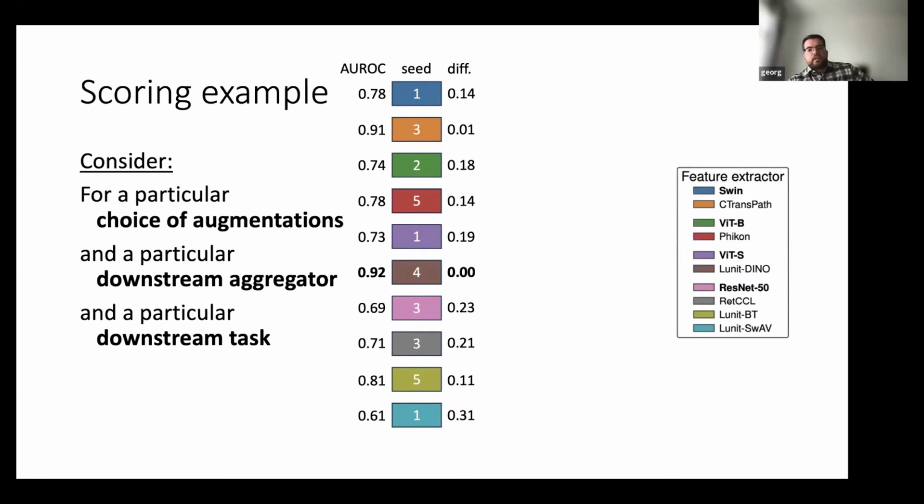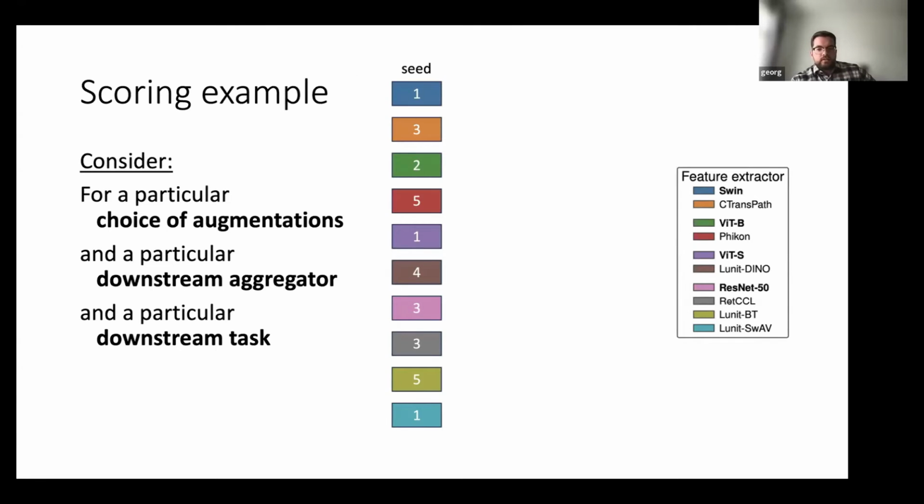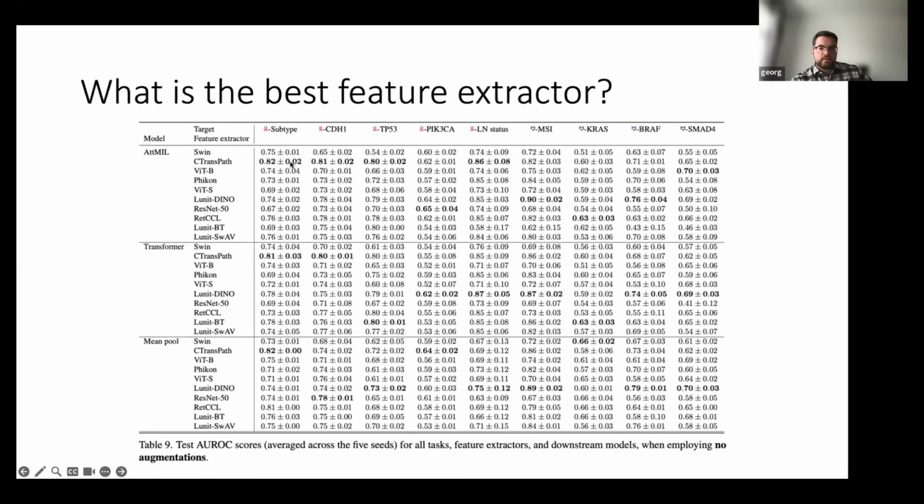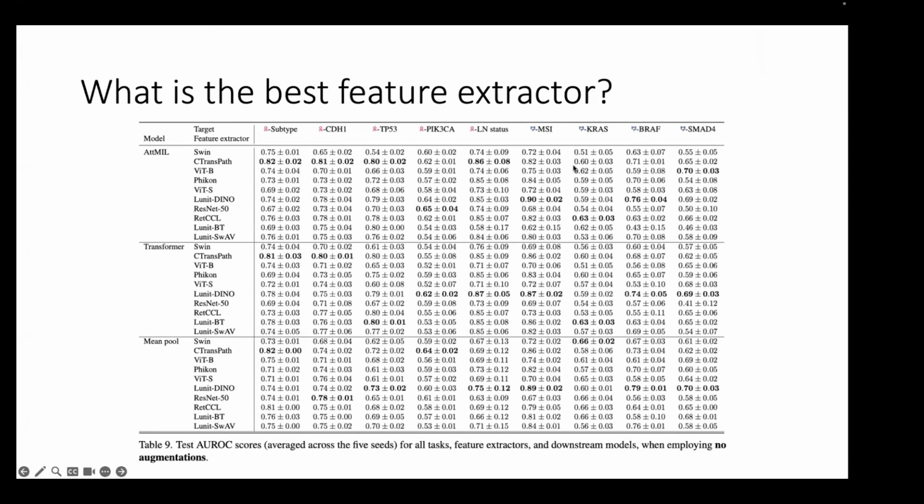Well, okay, firstly you could just take this table. This is when you average across the seeds, and now you have a bunch of numbers, and each of those has a variance, right? And how do you compare? How do you say across all these tasks, in general, which feature extractor is better?